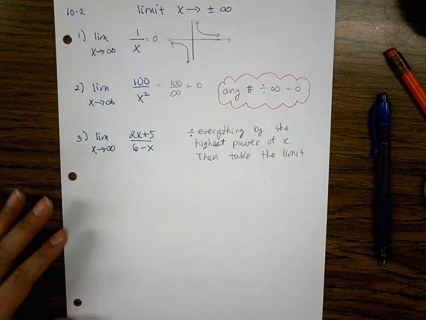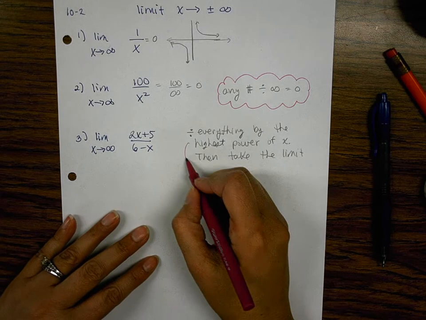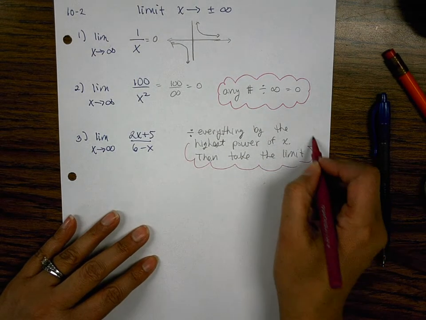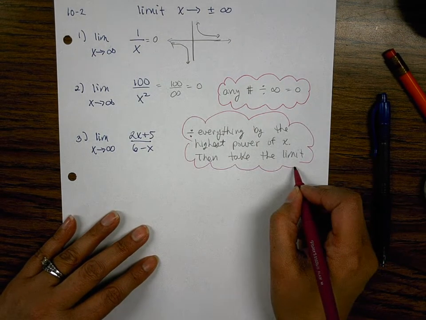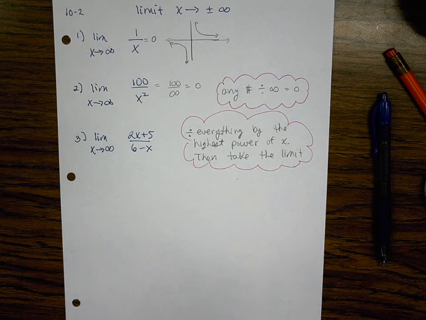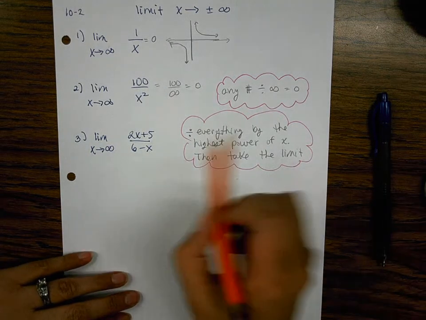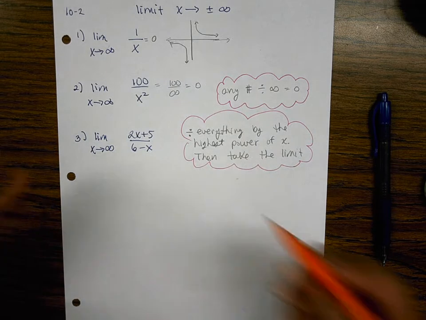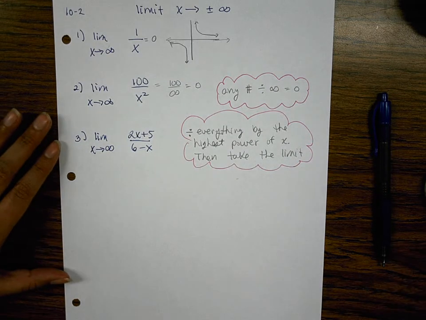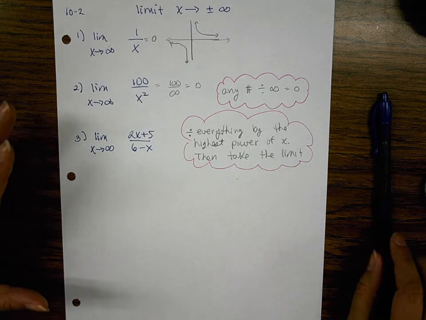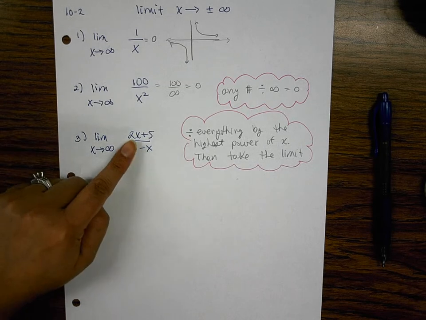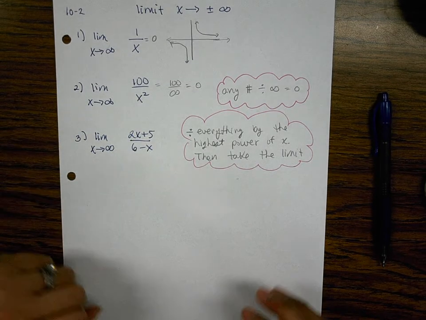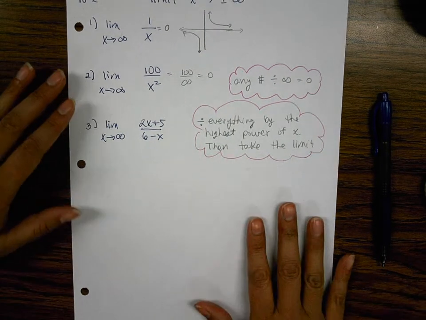All right, so what that means by the highest power of x is top and bottom. You look at the whole fraction, numerator and denominator, and you look for your largest degree. Okay, at the top the degree is 1, at the bottom the degree is 1, so they ended up being equal. I'm going to divide everything by x. If that had been a 2x squared, I would divide everything by x squared, and we'll see that one in just a little bit.